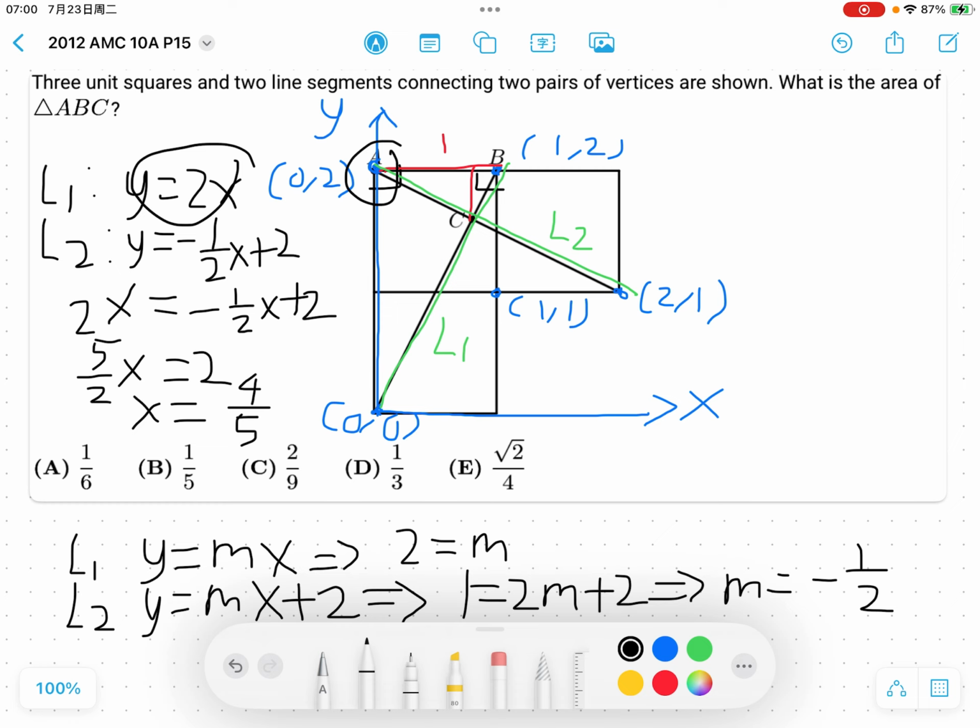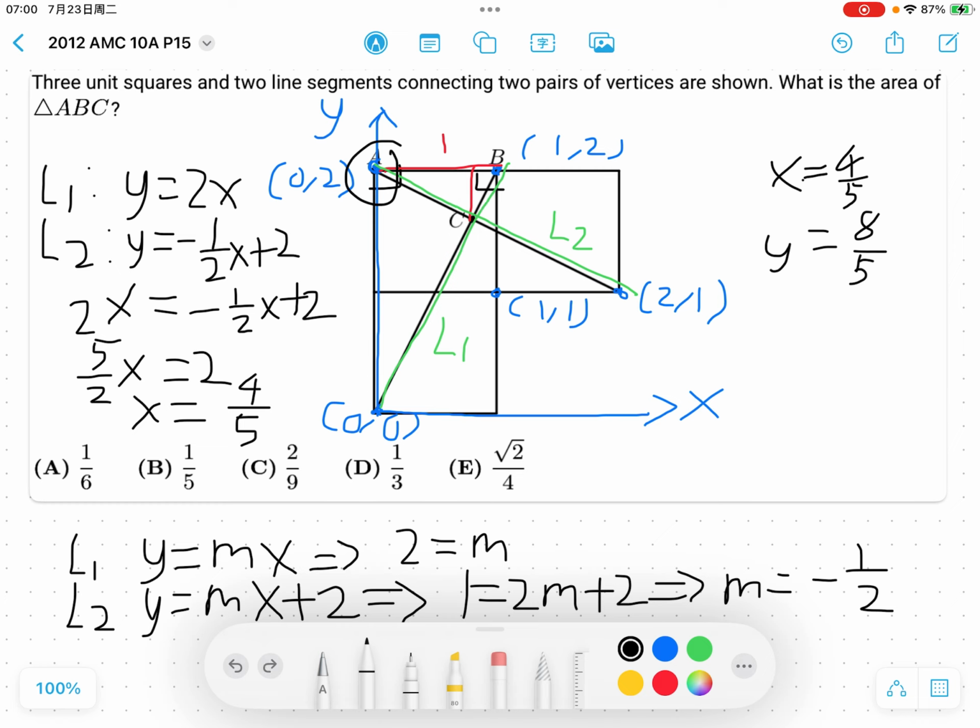And we know that y equals 2x, so y is 8 over 5. So now we have the x and y coordinate of point C.